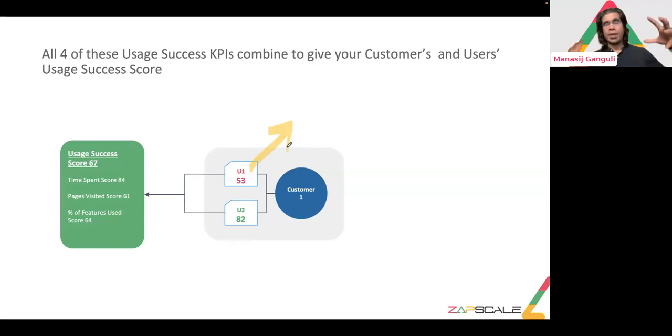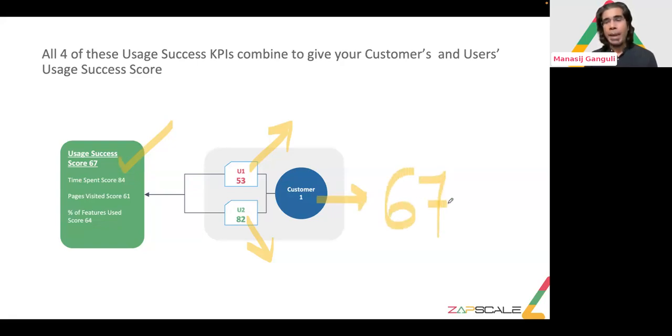Average all the three KPIs out, which is time spent, pages visited, and features used, and it shows that this particular user U1 is not doing good, U2 is doing pretty good. And the average of this customer is the average of all these users put together, which is doing at a score of 67, which is the customer's score for usage on your product.